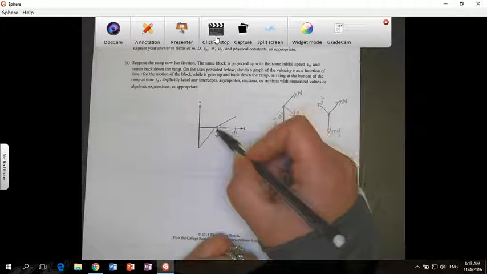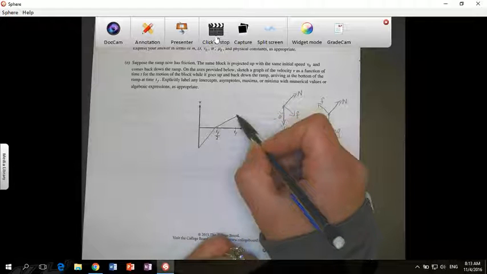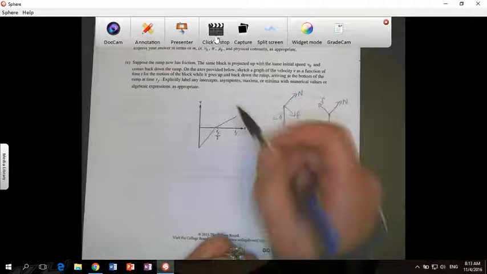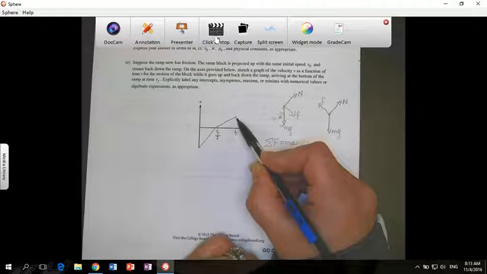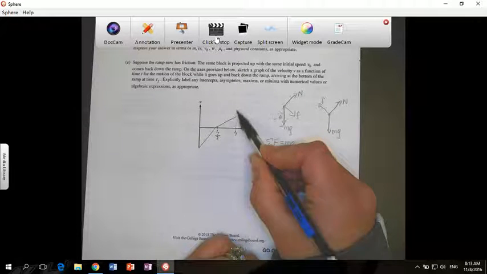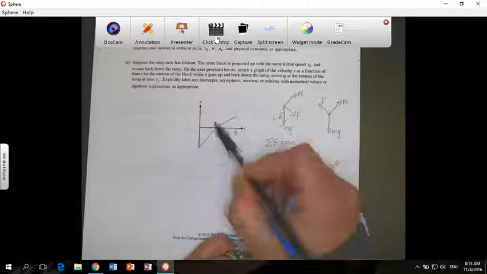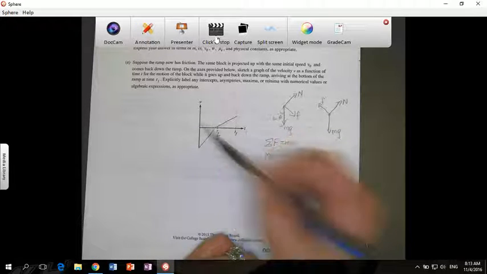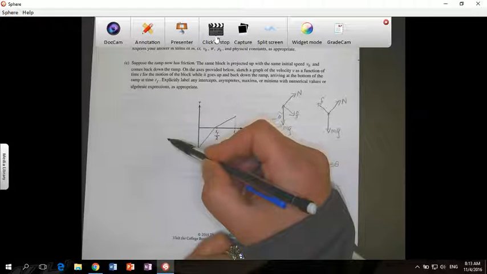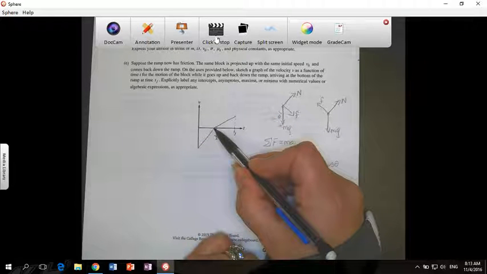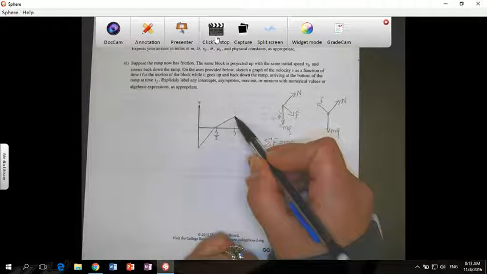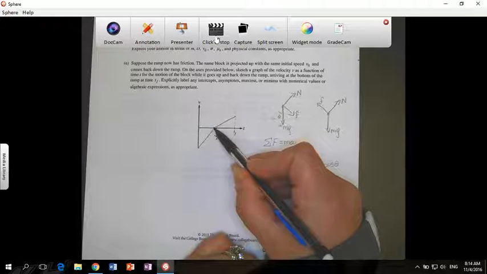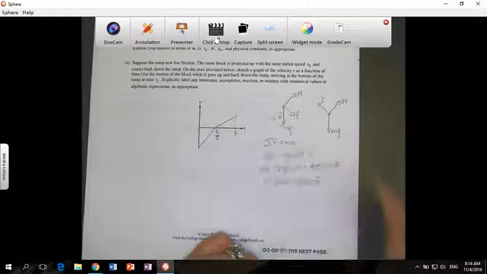On top of it, because it takes longer to get back down, that means that if the block lands at the bottom of the ramp at some time t final, then the first part of the trip from the bottom to its maximum point takes less time than coming back down. Therefore, you have to have this intercept prior to t final divided by 2.